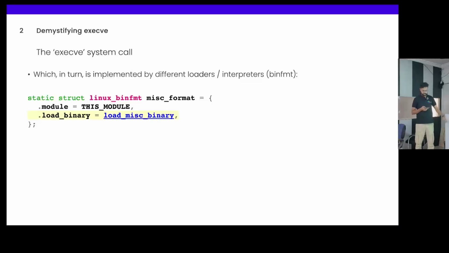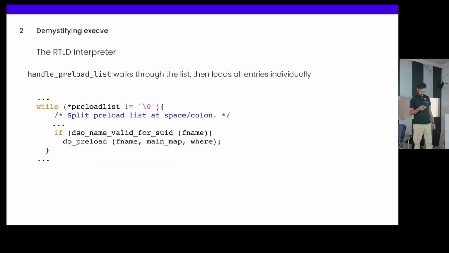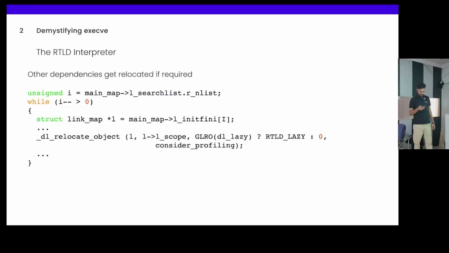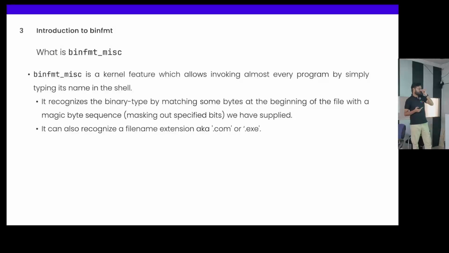So this one is actually called binfmt, and what it is, it basically is a feature from kernel which allows us to specify some sort of interpreter for pretty much any other file, which in turn allows us to define our own executable file formats. Okay, so the script part is already done.